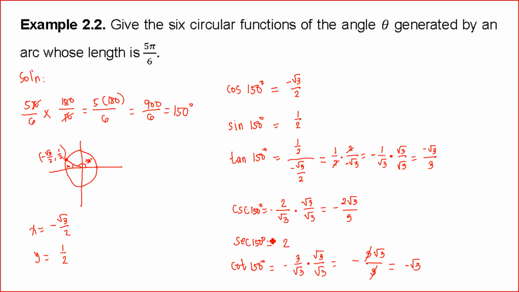The tangent 150 degrees is negative square root of 3 over 3. The cosecant 150 degrees is equal to negative 2 square root of 3 over 3. The secant 150 degrees is 2, and the cotangent 150 degrees is equal to negative square root of 3. Any questions?